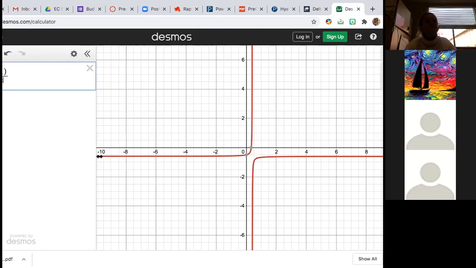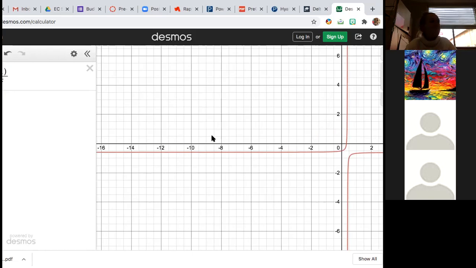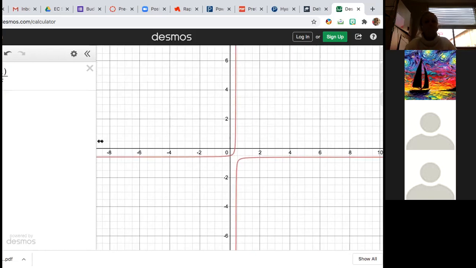The domain looks like it goes all the way to negative infinity, right? Because this keeps going. Does everybody agree? And then what does it look like it's stopping at right here? It's somewhere between 0 and 1. It's not a half, because a half would be right here. And if you look down, that red line is on a half.